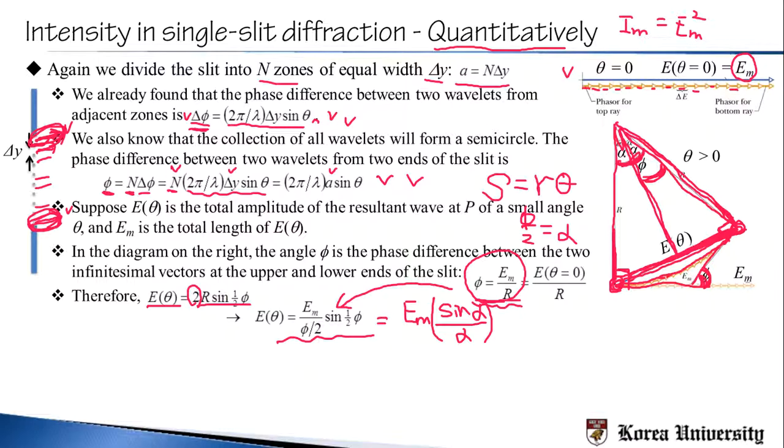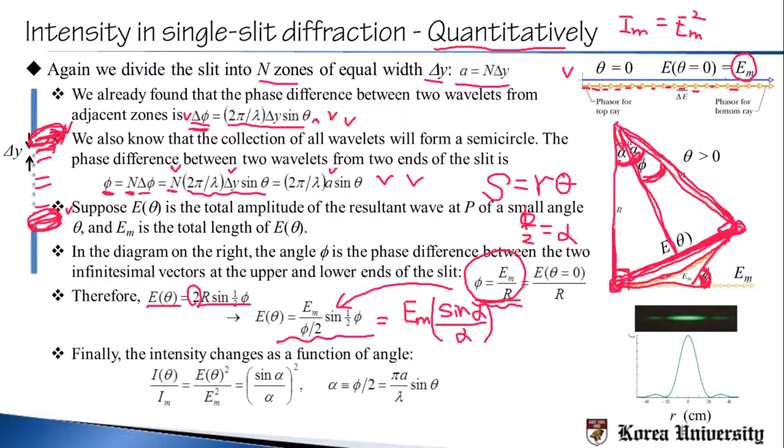So therefore, we can finally write the intensity like this. Now the intensity is of course the square of the amplitude. So this now becomes the square of sine alpha divided by alpha. This is the angular dependence of the intensity. Okay, and what is alpha?